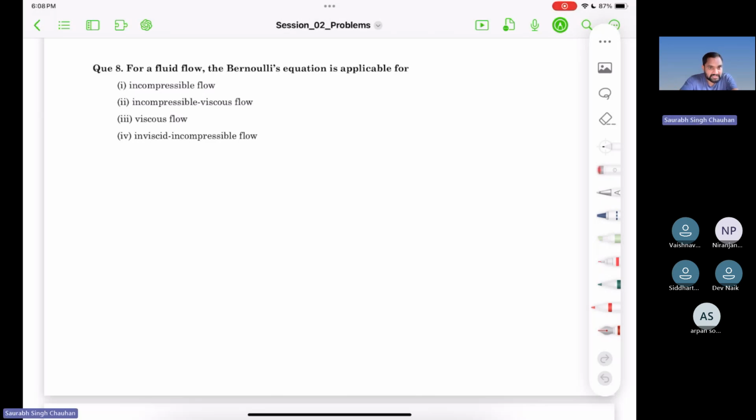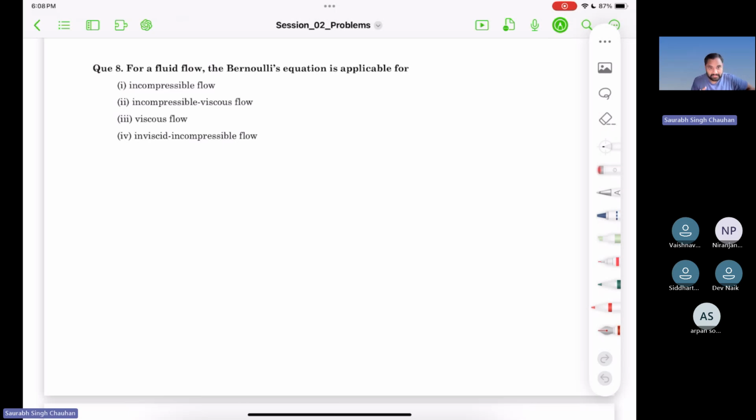So in viscous flows, there are viscous dissipations. The energy is dissipated into heat, right? So you cannot apply the Bernoulli equation there. Why? Because the Bernoulli equation is the conservation of mechanical energy, that is, kinetic energy plus potential energy plus pressure energy.